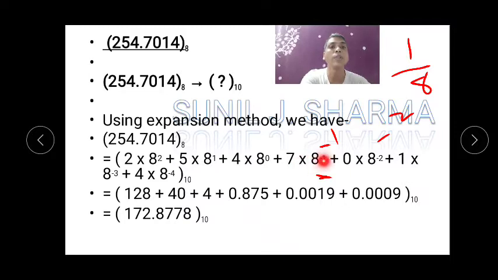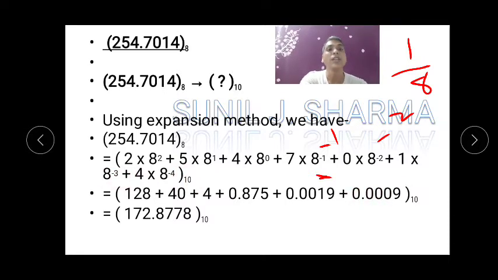Now we will go here. This is the answer of 7 upon 8. Here they have not calculated. This is the answer of 1 upon 8 raised to 3, and this is the answer of 4 upon 8 raised to 4, because you can see this is minus 4, this is minus 3, 8 raised to minus 3 and all.